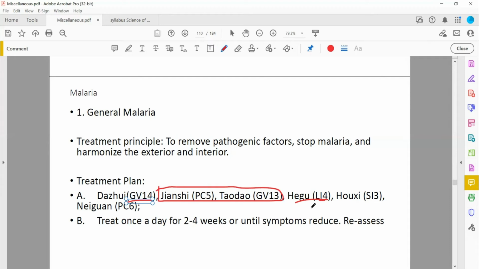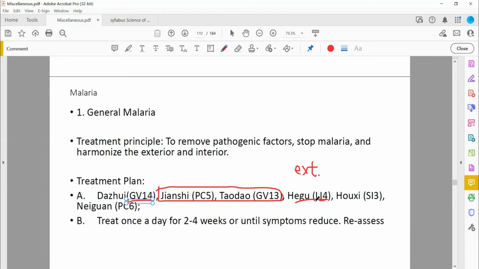For the wind, this one is still good for the exterior, right? Exterior. And this one is good for stopping pain.